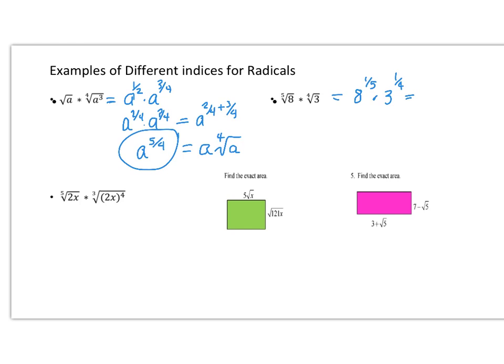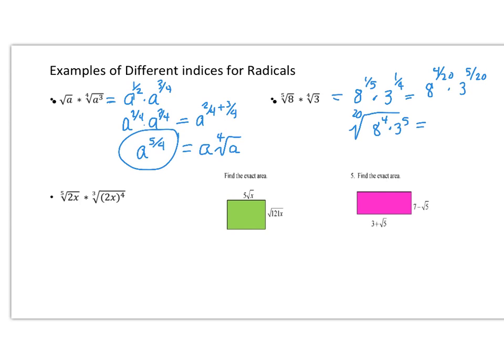Now here we want to get to the base of 20, so this is going to be 8 to the 4/20 times 3 to the 5/20. So you can see now we're going to end up with the 20th root of 8 raised to the 4th power times 3 to the 5th power.